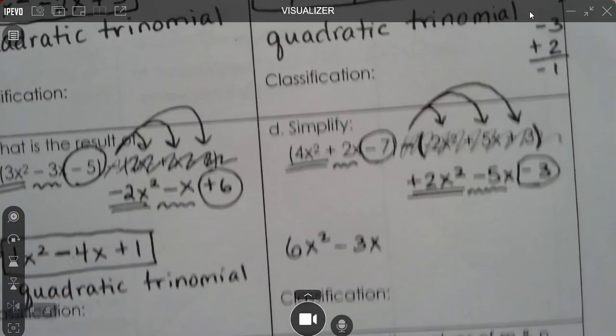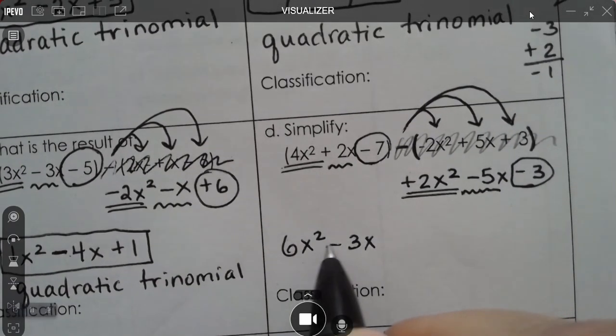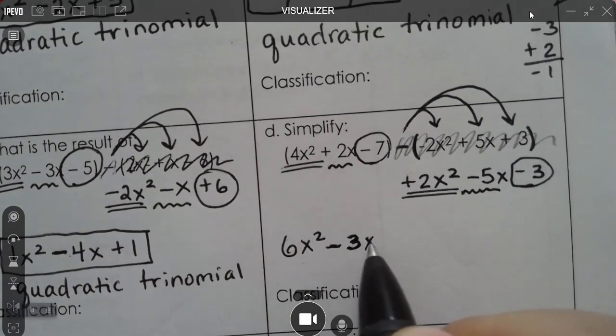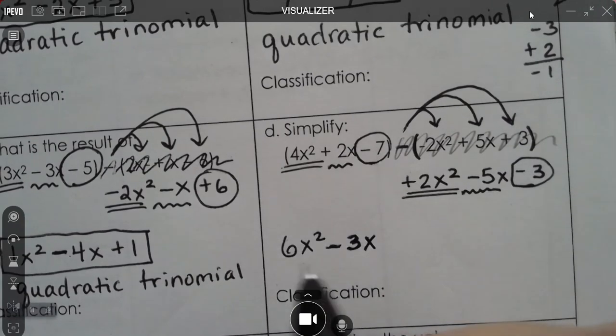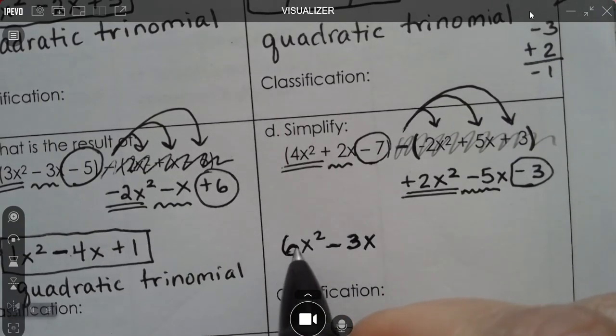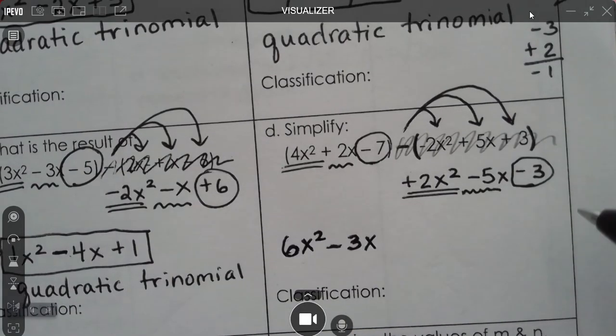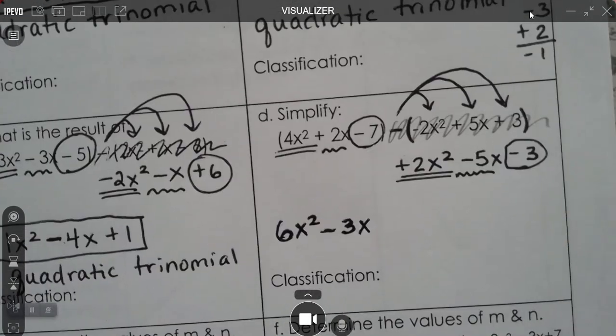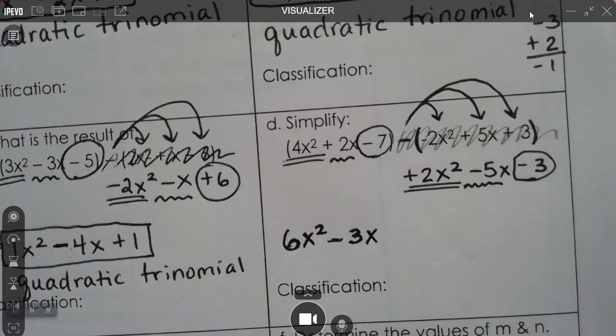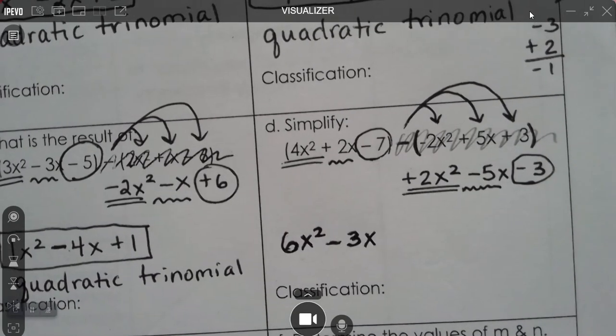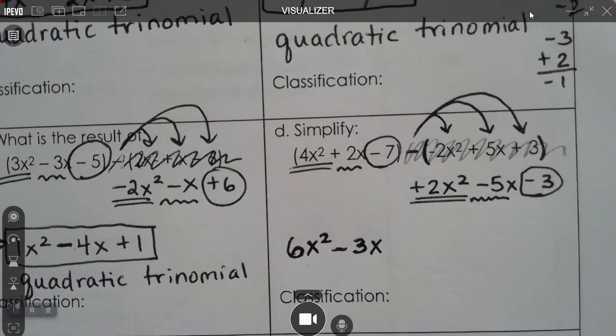Keep it moving. Let me know if you get the same thing or if you get something different. Did you get the same thing or did you get something different?